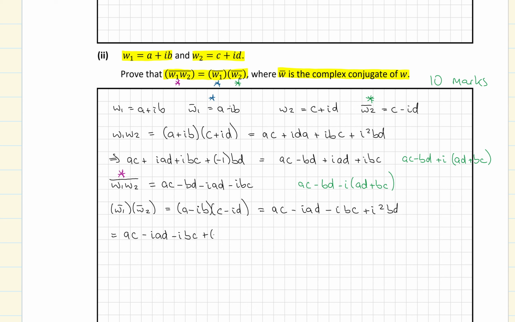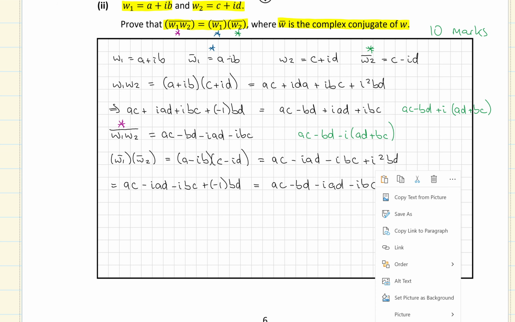I squared is minus 1. Then minus i times ad minus i times bc. And there's my answer for the two multiplied by each other.